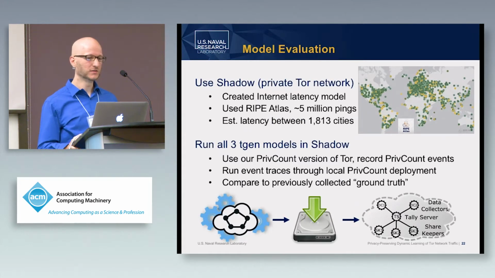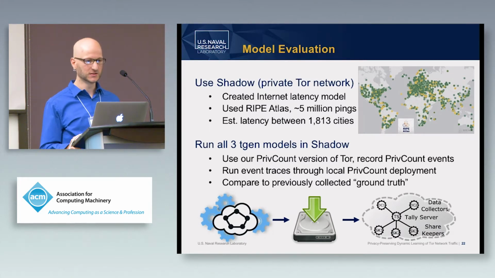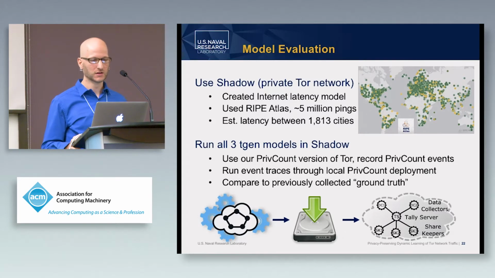So we then evaluated these different models by running them in a private Tor network created using Shadow. Before doing our Shadow experiments, we realized that the existing Shadow topology, so the latency between the nodes in Shadow, was 5 years old. And so we went ahead and updated this using RIPE Atlas probes, which are located all around the world, as the map shows.